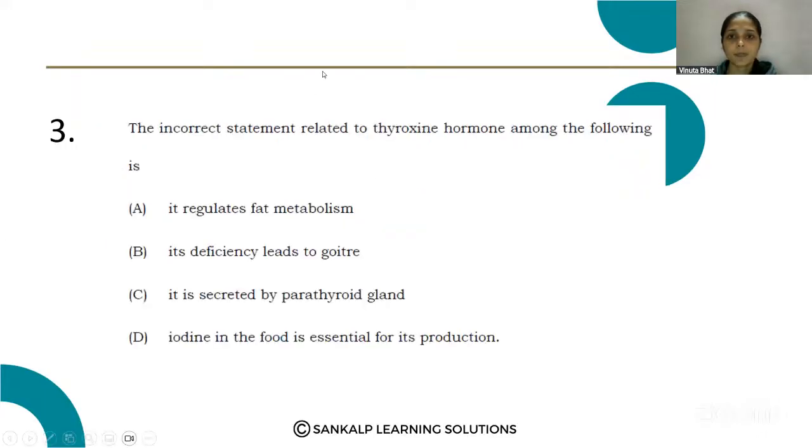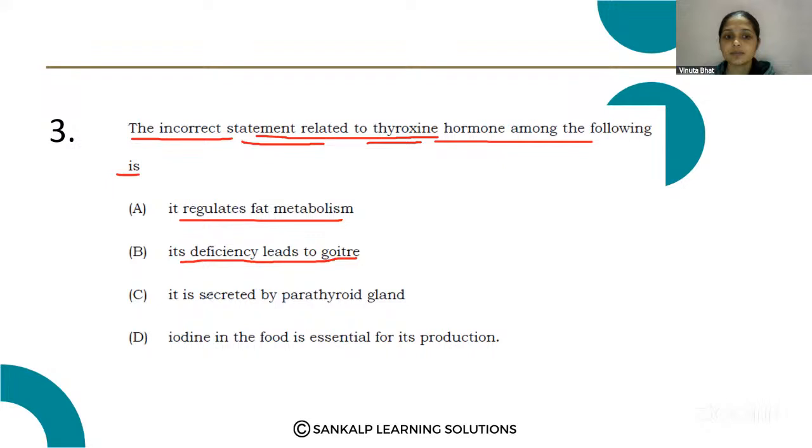Next question. The incorrect statement related to thyroxine hormone among the following is: it regulates the fat metabolism; its deficiency leads to goiter; it is secreted by the parathyroid gland; iodine in the food is essential for its production. We have to find the incorrect statement.